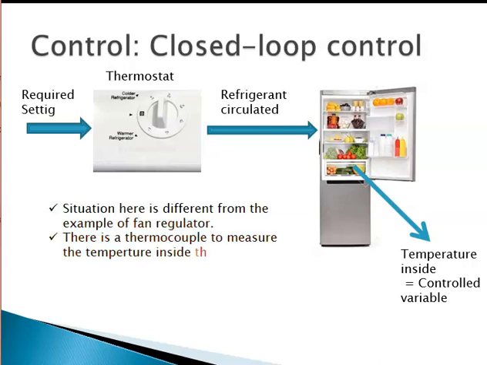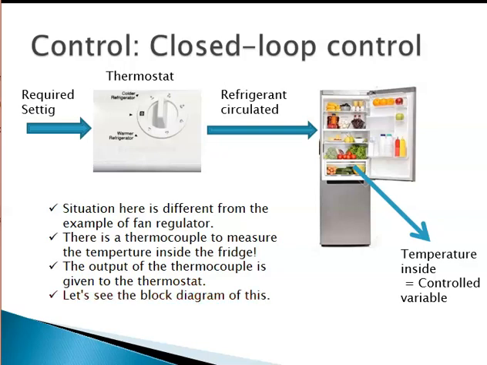We'll consider the same refrigerator that we have seen earlier, but the situation now is different. The difference is that there is a thermocouple to measure the temperature inside the fridge. The output of the thermocouple is given to the thermostat.